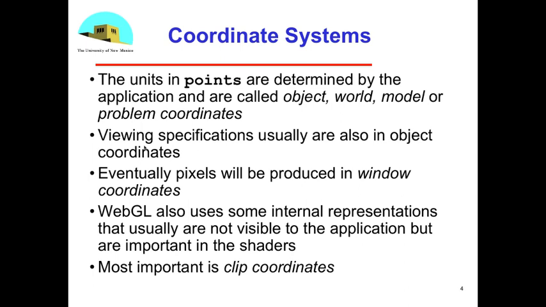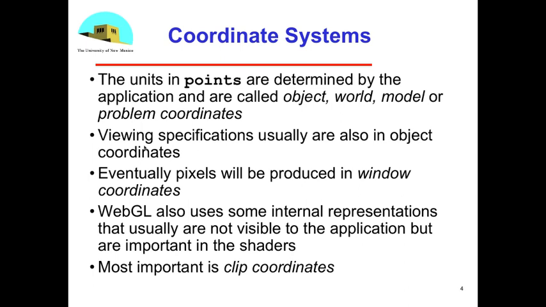The conversion to whatever the particular device needs is something that should be happening within the graphics system and is not something we should have to worry about. So we'll start off with object coordinates. That's the term we'll use most of the time.